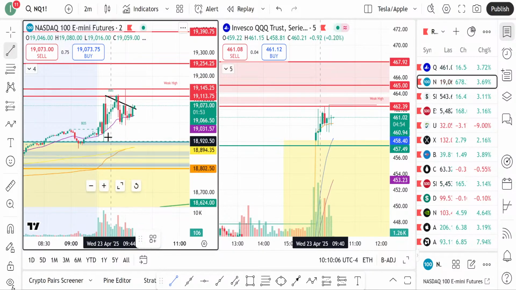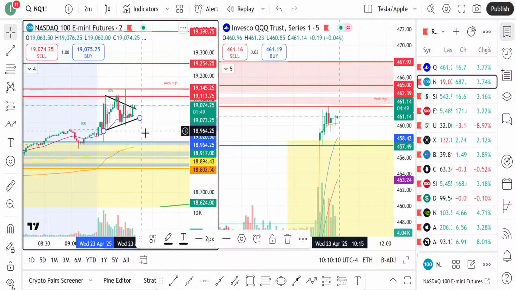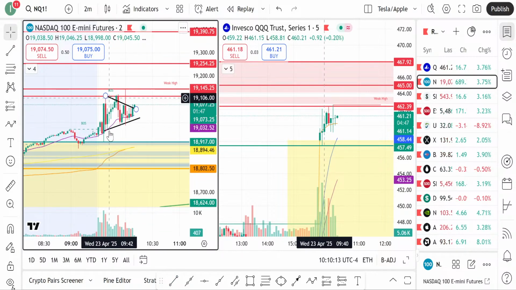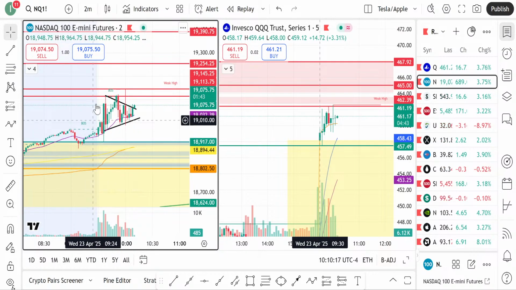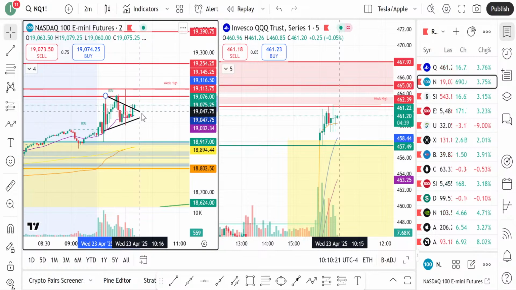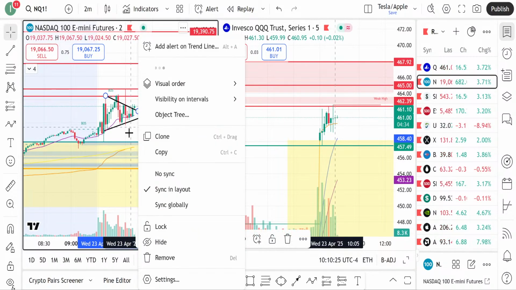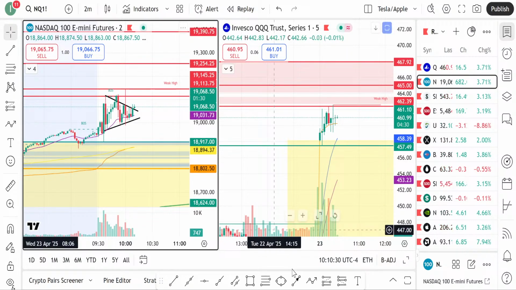Whenever you have trend lines creating a sort of triangle figure, we call this a range, right? The market's just going sideways. It's not really going up much or down much. It's just going side, side, side, side. So as price breaks out of this range, it should make a pretty nice move, as long as it doesn't fake.